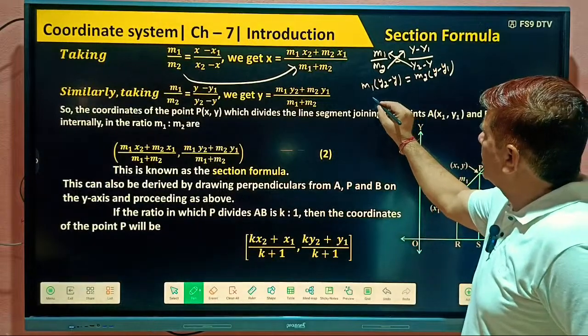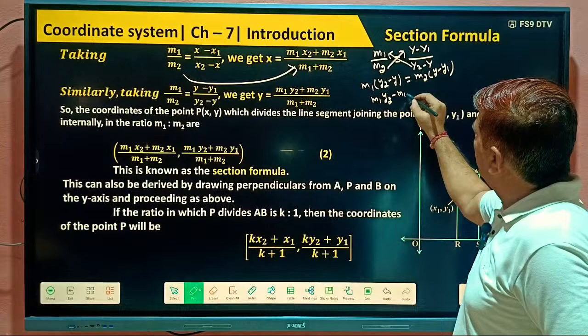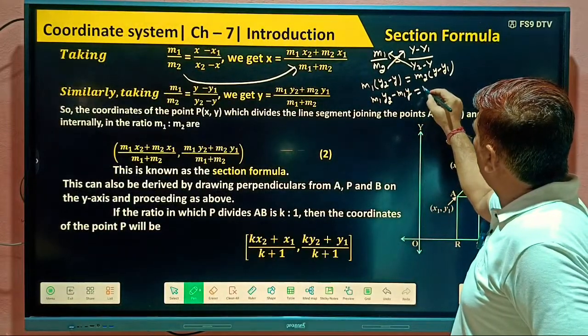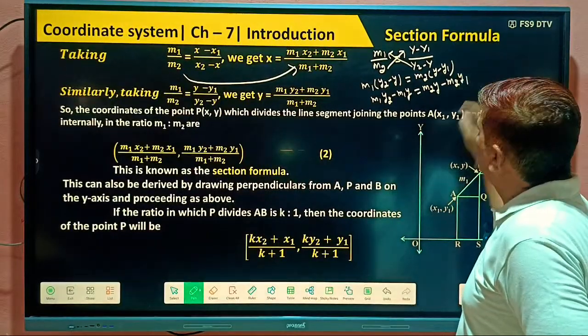So open this bracket: M1 Y2 minus M1 Y equal to M2 Y minus M2 Y1.